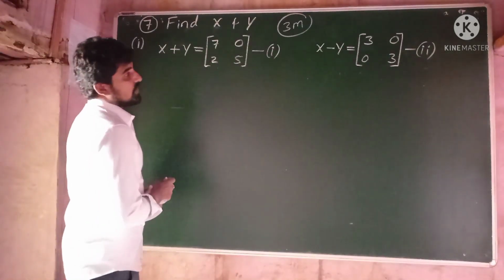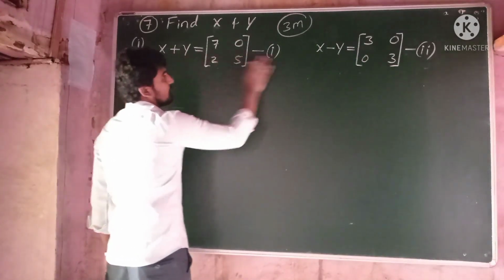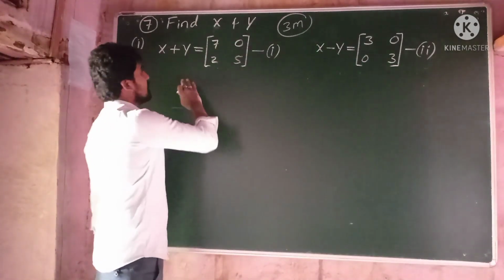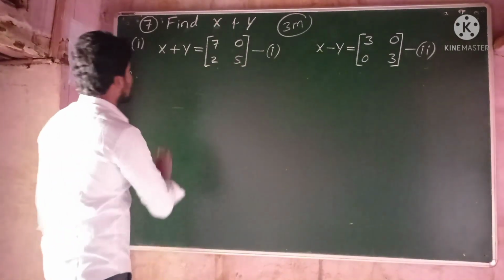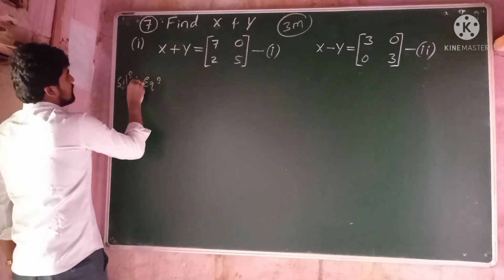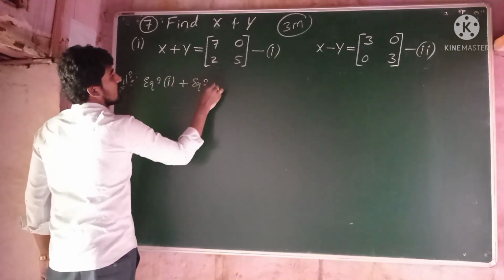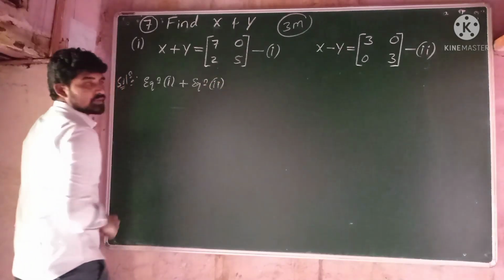For that, if I add equation 1 and equation 2, Y minus Y gets cancelled, and directly we get matrix X. Let's start the solution. Equation 1 plus equation 2.